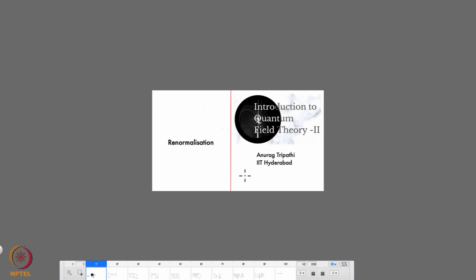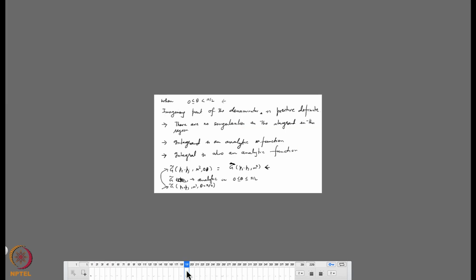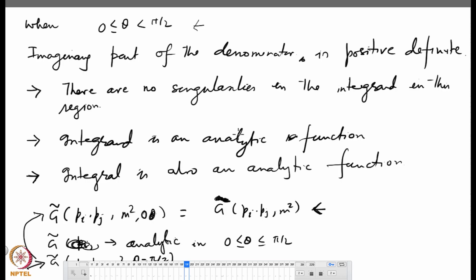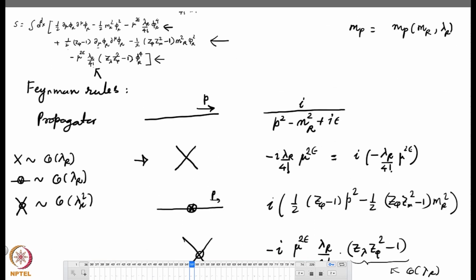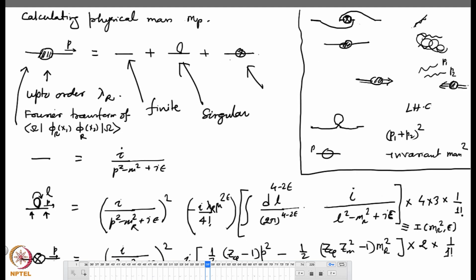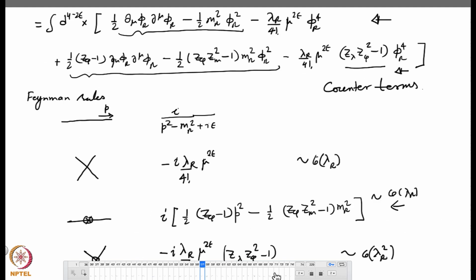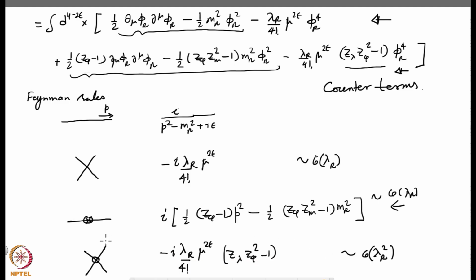Okay, so let's go to this other notebook. So I should go to where I was doing renormalization of phi-4 theory. Yes, here. Okay. So now here you see this vertex is of order lambda r square, okay?